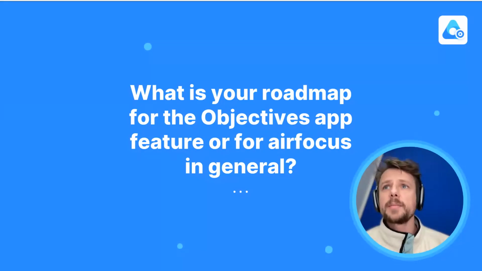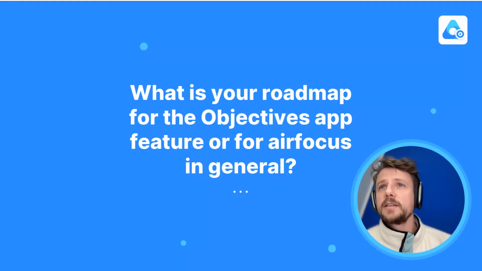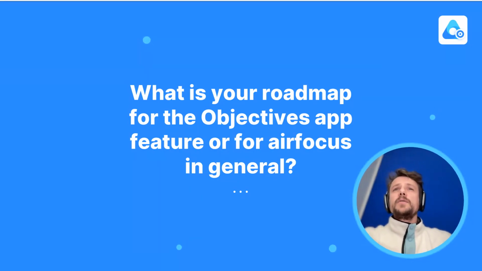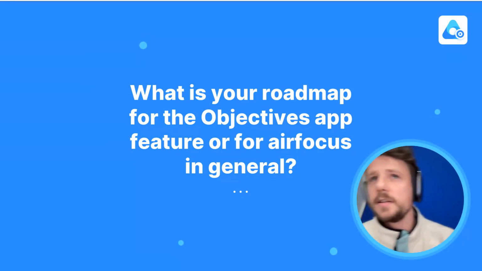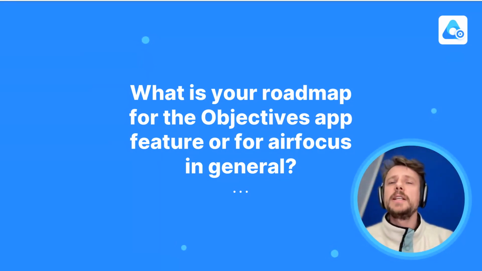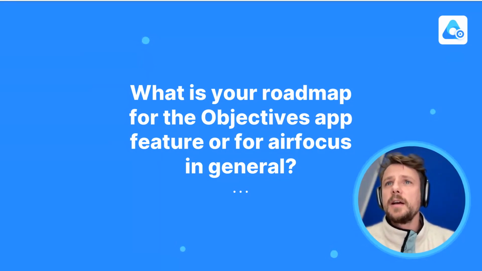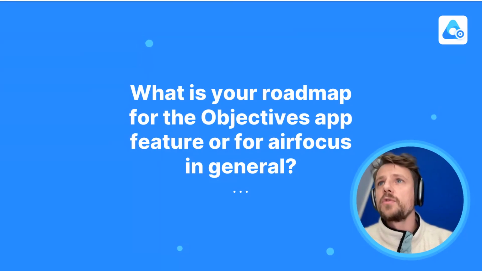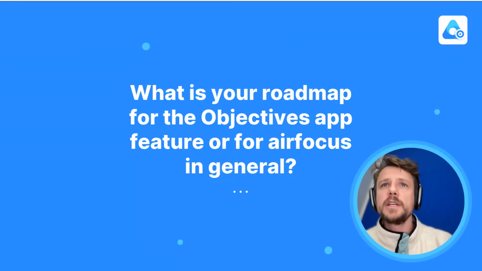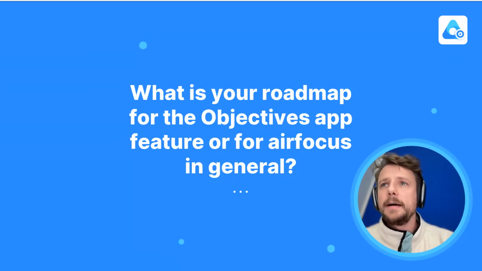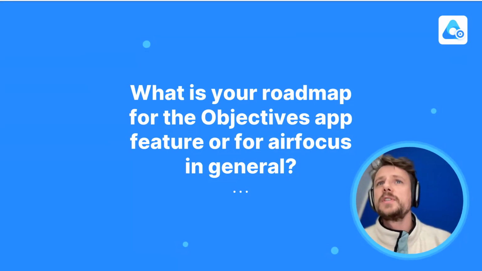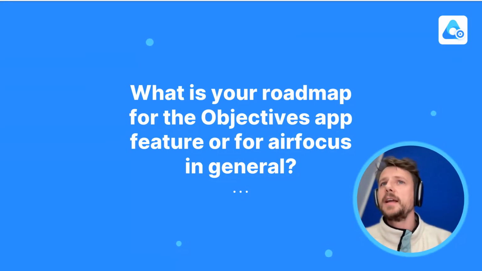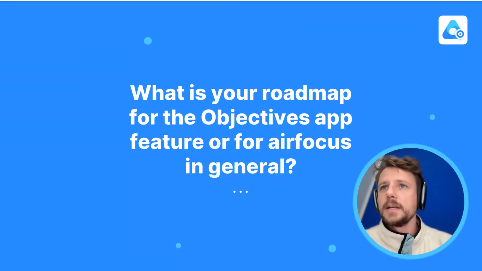Then I'm very excited about visualizing the objectives, including their key results, on more of a free-form board. This means you can really see how these objectives are connected with each other through lines, and you can see if there's a tree or more of a web, which really helps you to see this cascading effect and how objectives relate to each other.